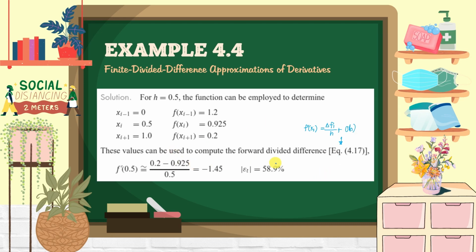So it uses f(x sub i plus 1) minus f(x sub i) all over the step size h. From the given step size 0.5, substitute the values: 0.2 minus 0.925 all over 0.5. We will have the first derivative at 0.5 equal to negative 1.45, wherein epsilon sub t, the true percent relative error, is equal to 58.9%.